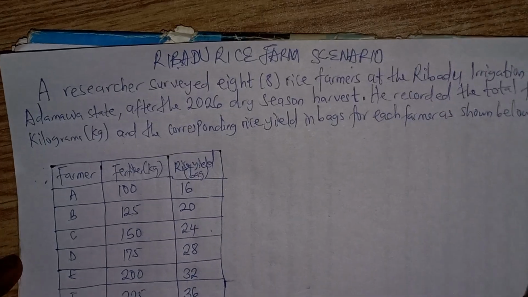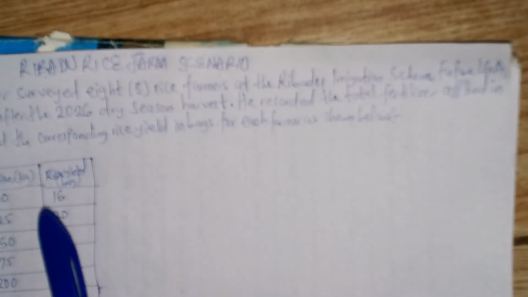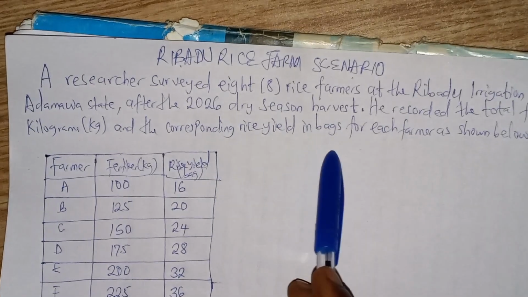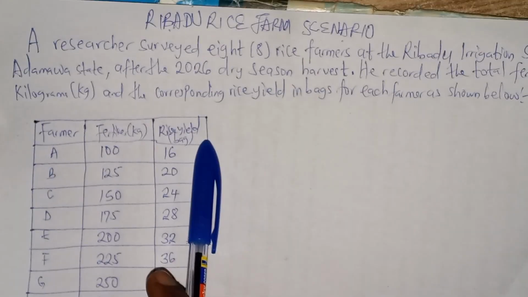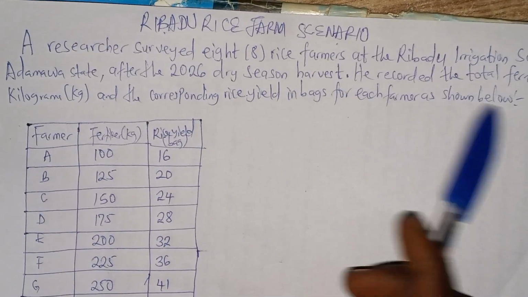Now, the researcher surveyed 8 rice farmers at the Ribadu irrigation scheme, Fufore, Adamawa State. After the 2026 dry season harvest, he recorded the total fertilizer applied in kilograms and the corresponding rice yield in bags for each farmer as shown below.